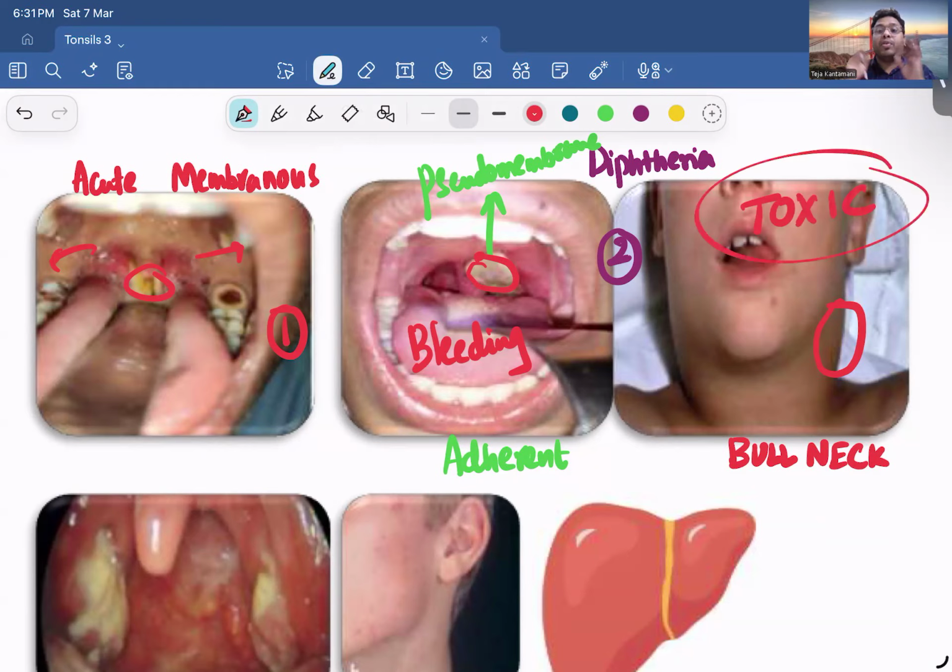So a toxic, unimmunized child with a pseudomembrane, the membrane which bleeds on removal, along with bull neck lymphadenopathy, adherent membrane caused by Corynebacterium diphtheriae, and Albert stain is used to identify the bacteria. Treatment is penicillin. So this is just about diphtheria.